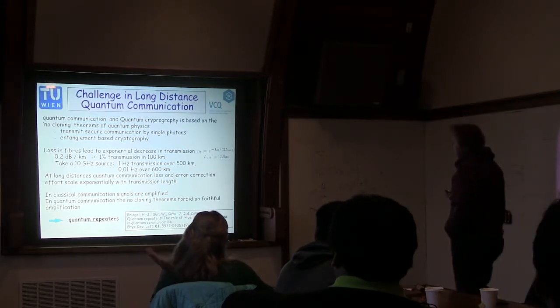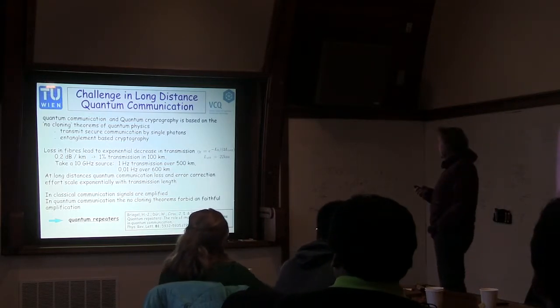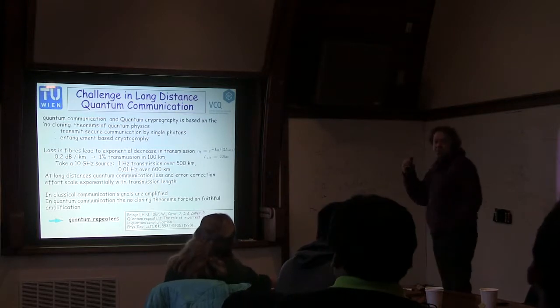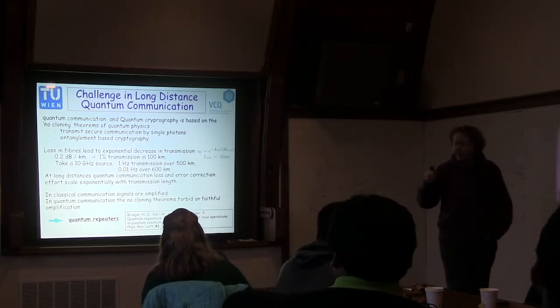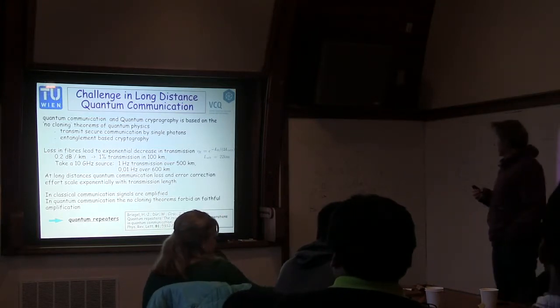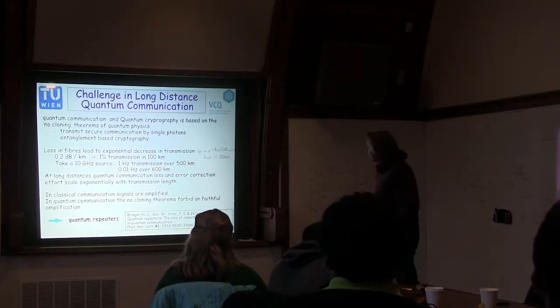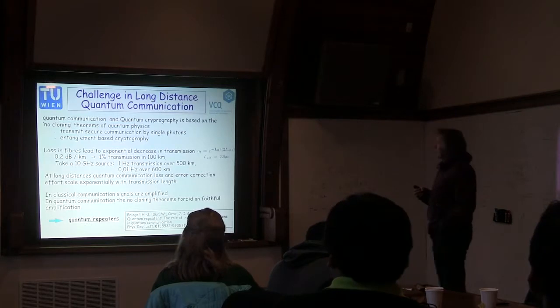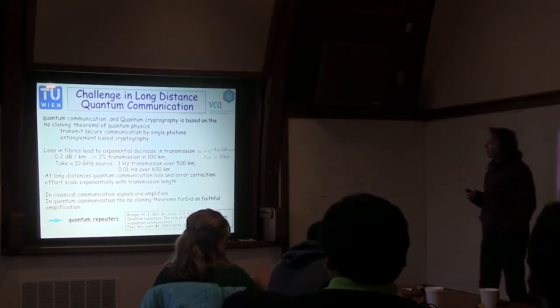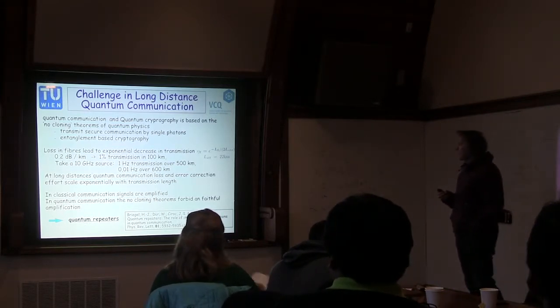But it's bad because even the best fibers now have a loss length of something like 22 or 30 kilometers. So if you take a 100 kilometer fiber with 0.2 dB per kilometer, you're at 1% transmission over 100 kilometers.